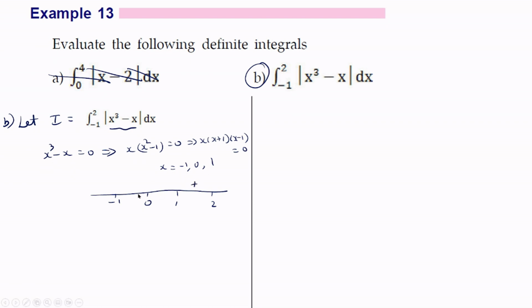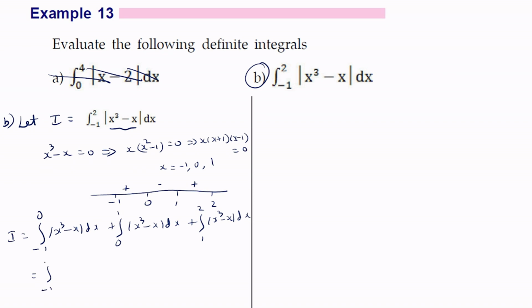Then in the interval 0 to 1, it is negative, and in the interval minus 1 to 0 it is positive. So the given integral can be written as integral minus 1 to 0 mod (x cube minus x) dx plus integral 0 to 1 mod (x cube minus x) dx plus integral 1 to 2 mod (x cube minus x) dx.